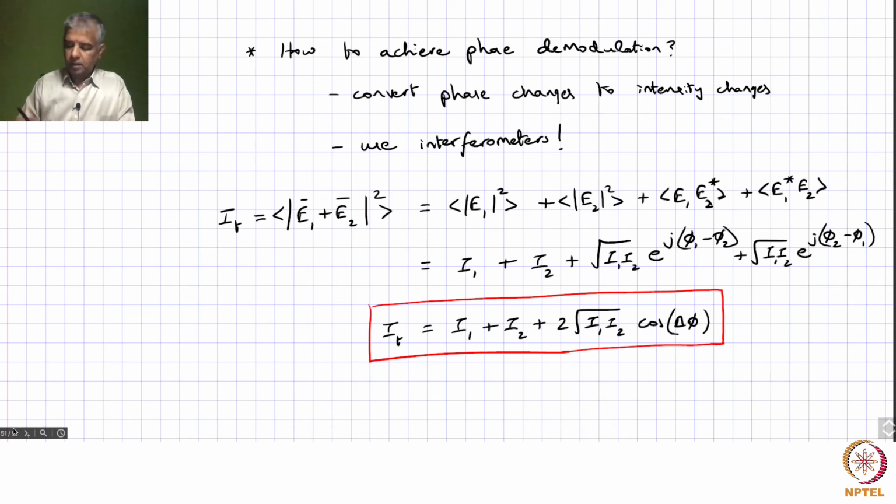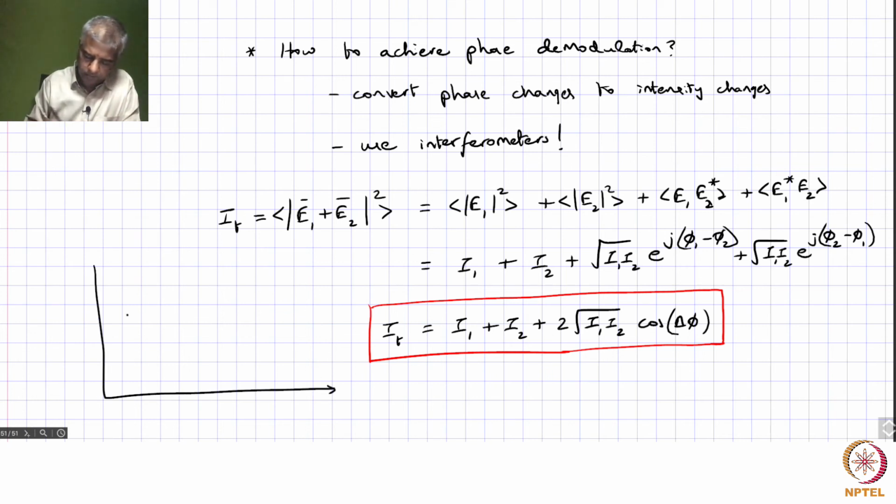Okay. Now, of course, before we do that, let's look at this function, how it is going to look. Right. So, if you are plotting the total intensity as a function of delta phi, let us consider the case where I1 equal to I2 equal to I naught, some constant value.